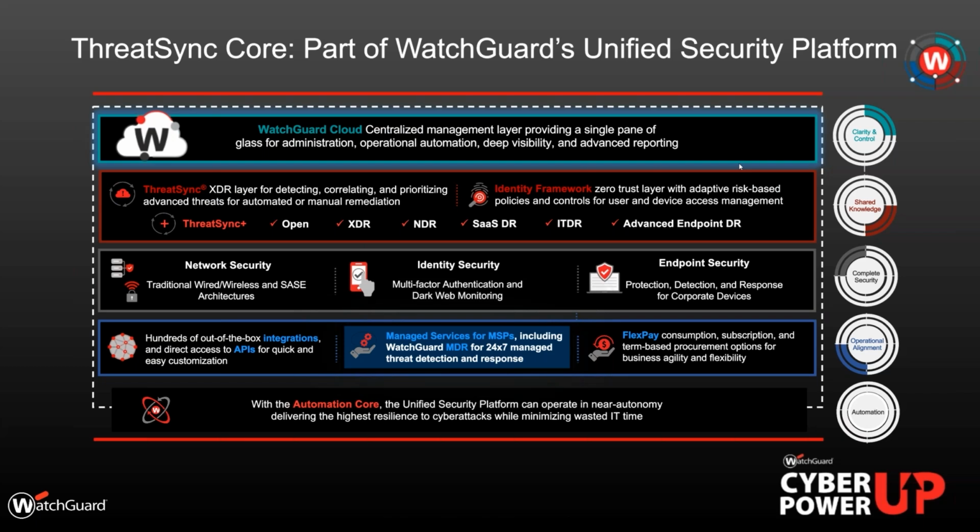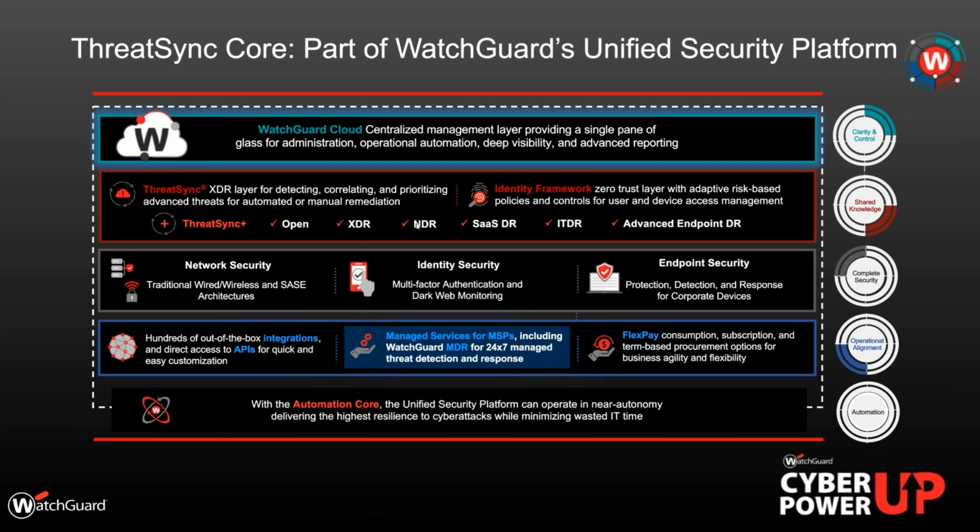And to be able to utilize it, you do have to have one of our higher level security licenses on our products. And again, just to reiterate, Total Security Suite on the Firebox, the USP licensing for our APs, Total Identity Security for the identity piece, EDR or above for our endpoint. And then, of course, as you can see right here on this screen, NDR and SaaSDR are automatically included within ThreatSync Core.